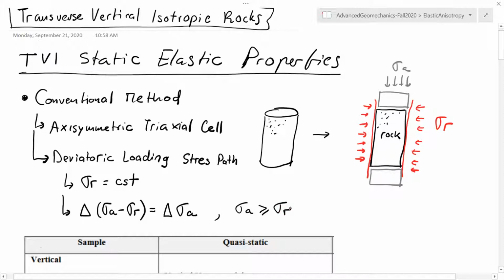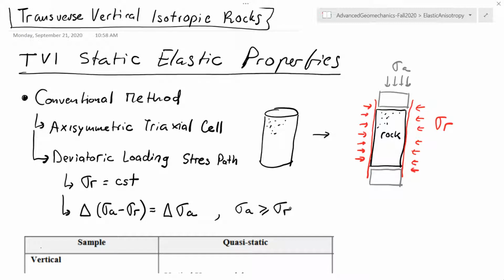Usually the experiments start with the effective axial stress equal to the effective radial stress. Let me emphasize that this is very important to the method.